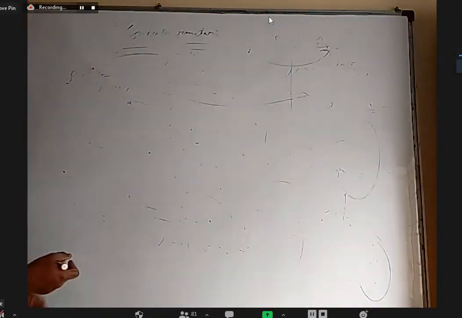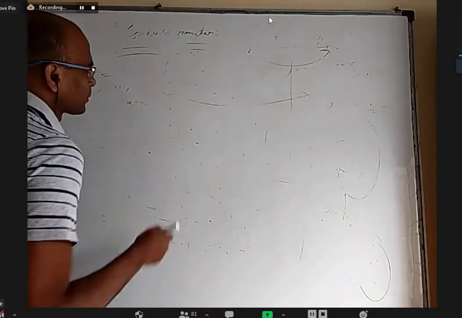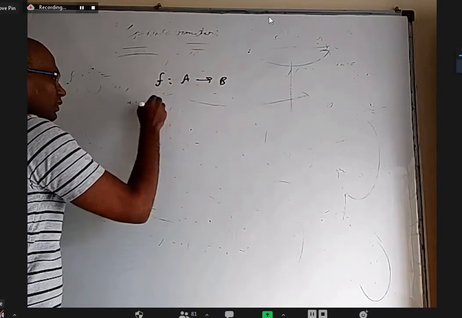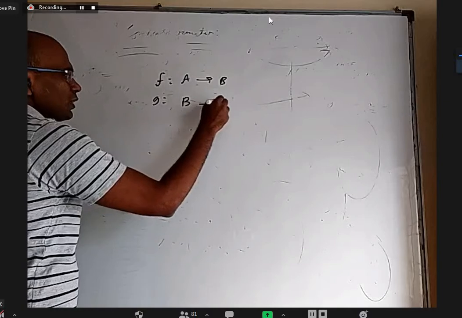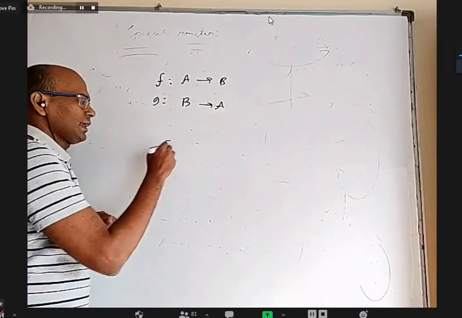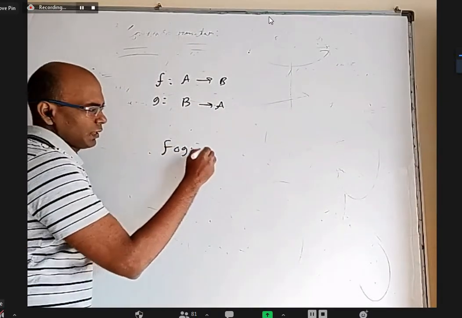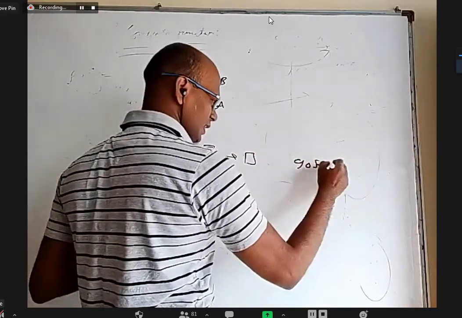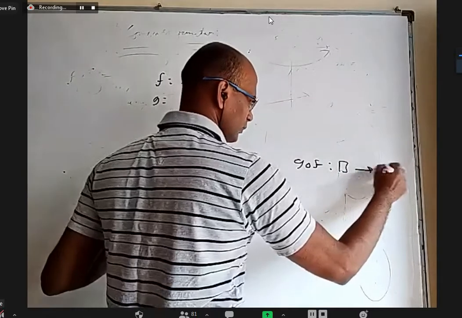Okay, let us see if somebody can answer this properly. F is a function from A to B. G is a function from B to A. F circle G will be from what to what, and G circle F will be from what to what?